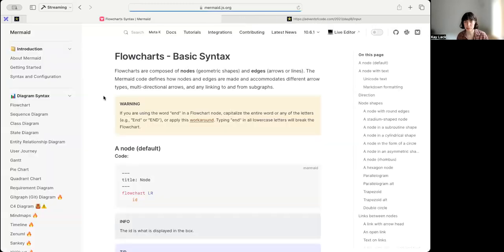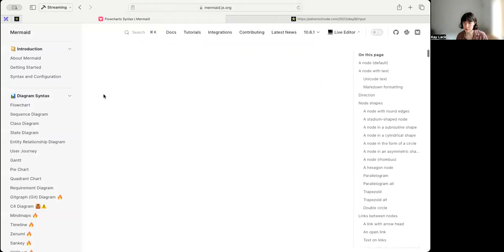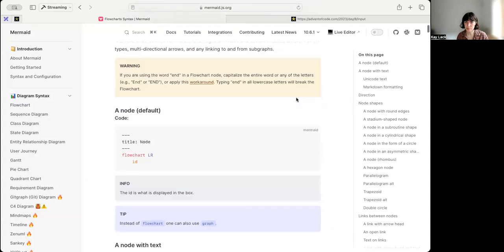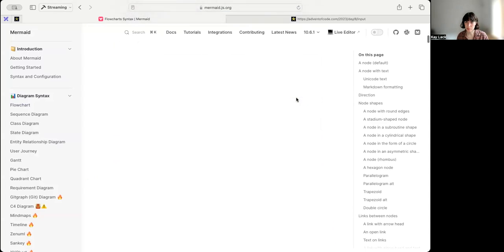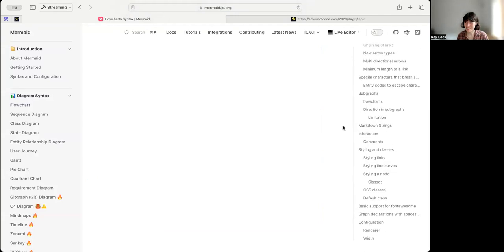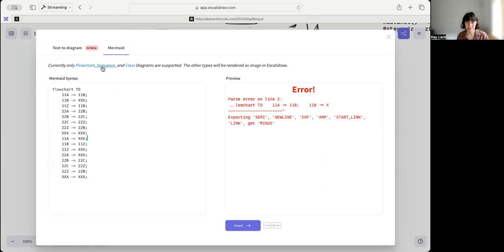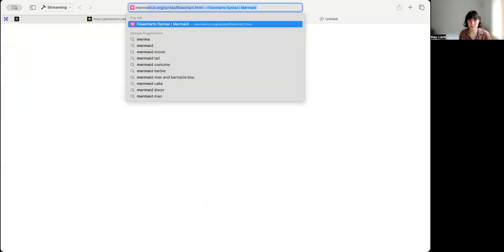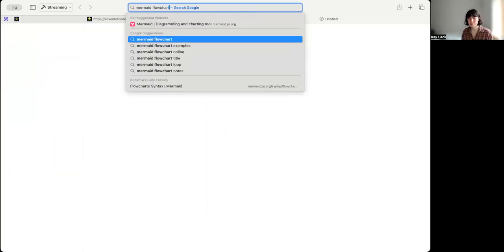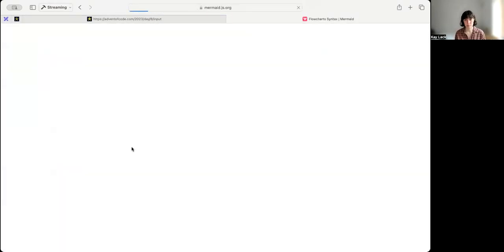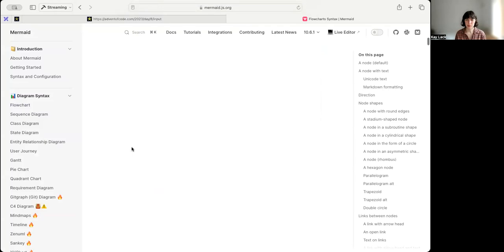Ugh, what is it? Why aren't you loading? Why? What's wrong with you? No, no. Not this page again.